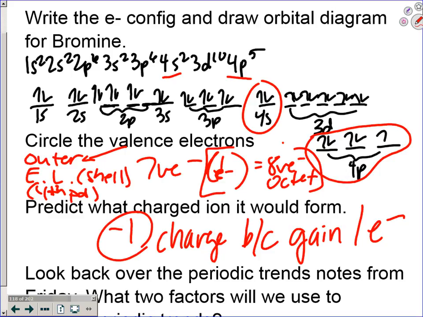Negative 3, because it would gain 3 electrons to be like that of a noble gas. Look at calcium, guys. What charge would you predict it would form if it were to form an ion? Positive 2, because it would lose 2 electrons to form that of a noble gas electron configuration. So it's just the number of electrons that are changing. That's why we're not saying, oh, it's neon, it's argon. It's still what it is because our protons itself never change.